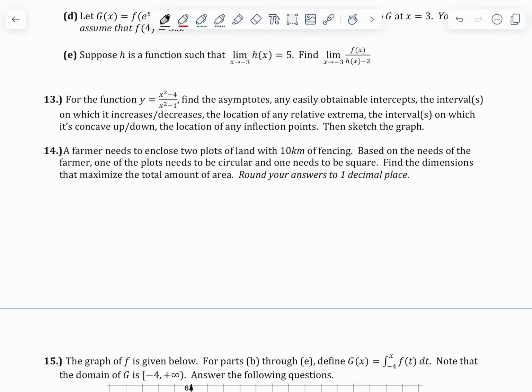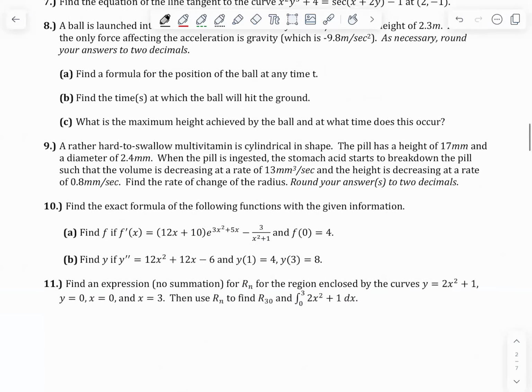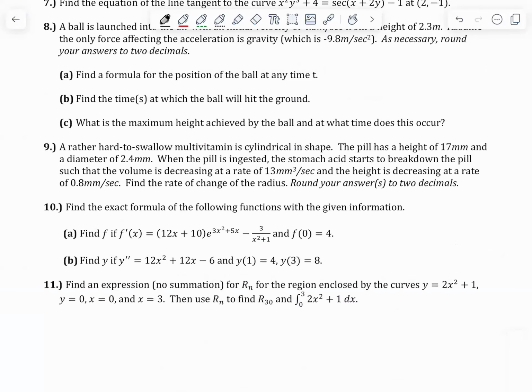As soon as I see the word maximize, or minimize, or largest, or smallest, or biggest, or tiniest, any of those words that quantify a size of something, it means it's an optimization problem. Versus this one has the dead giveaway of rate of change. Find the change in the radius, or find the rate of change. As soon as you see that, related rates.